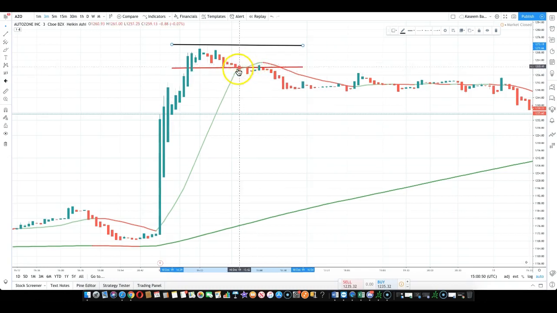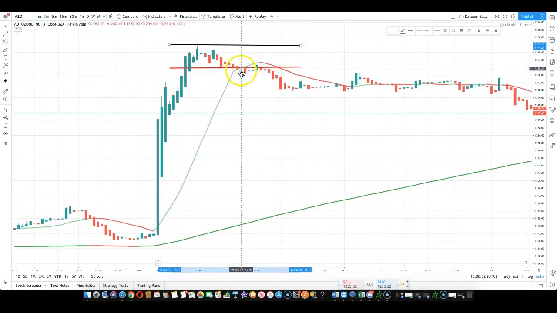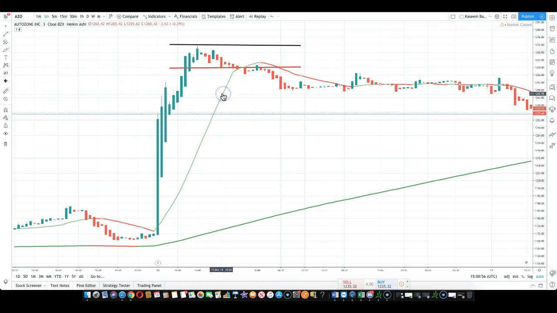So what this signals to me is, first of all, price is below the 20 moving average at this point. Price is below the 20 moving average, so that means a strong signal change at this point right here. That's why I use support and resistance. This is a strong signal change.